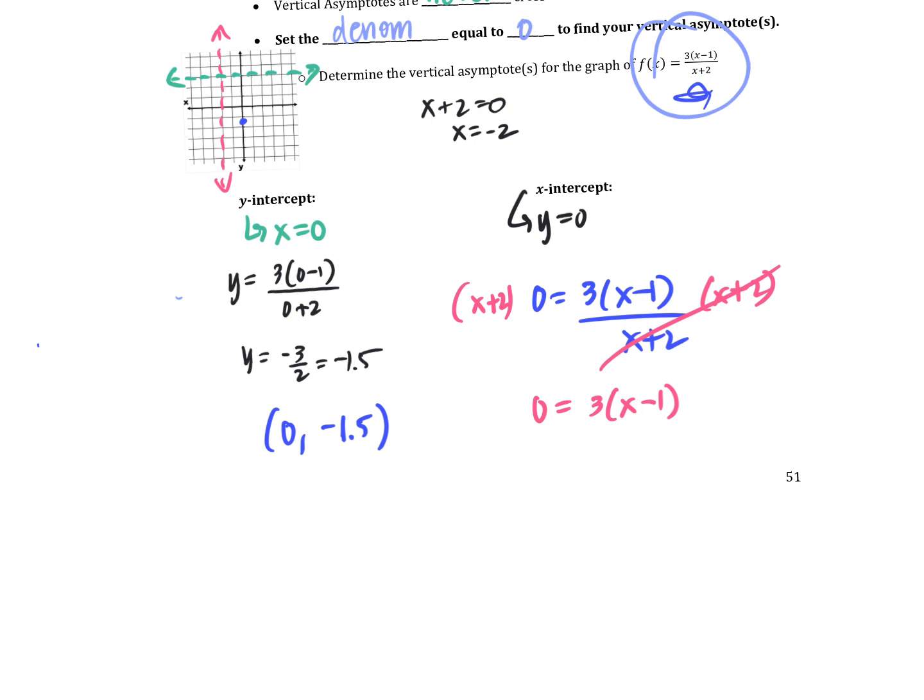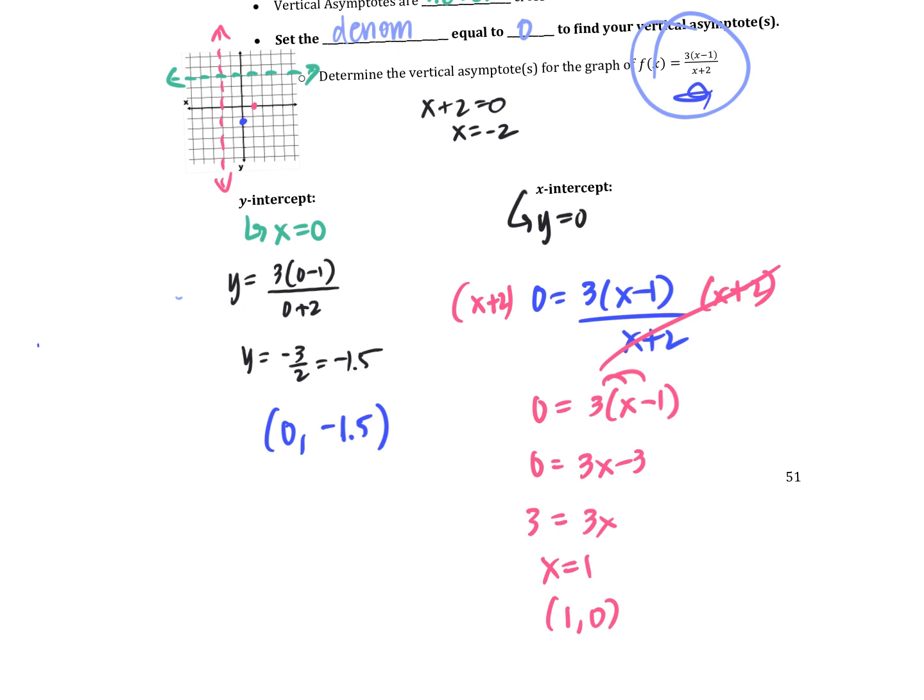Do you want to divide by 3 or do you want to distribute? Doesn't matter to me. If we did, what would you get? 3x. Yep. So then what would we do? Add 3. Divide by 3. What's my x-intercept? 1, 0.